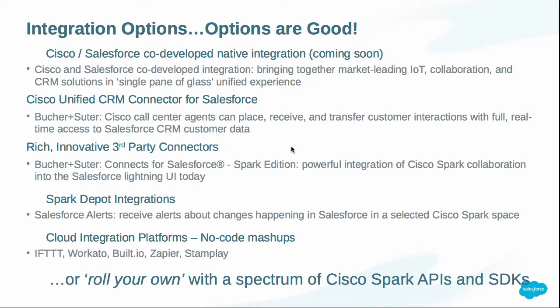There are integrations in the Spark Depot itself to get alerts from Salesforce into Spark rooms when events happen. If you're familiar with If This Then That and Zapier, Built.io, these kinds of integration platforms, we've also worked with them to allow you to easily integrate and automate Cisco Spark collaboration with their solutions.